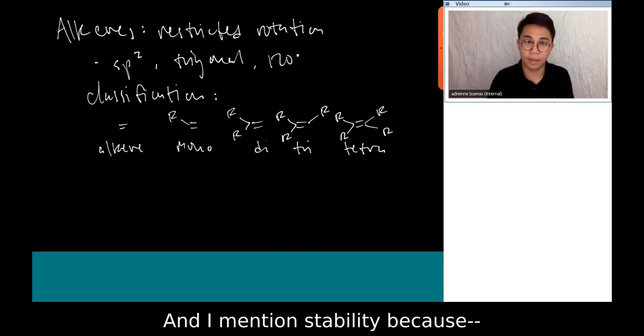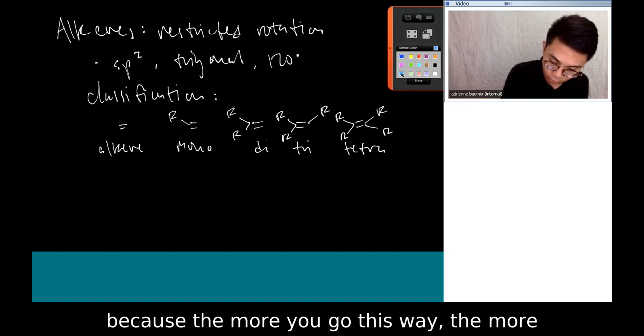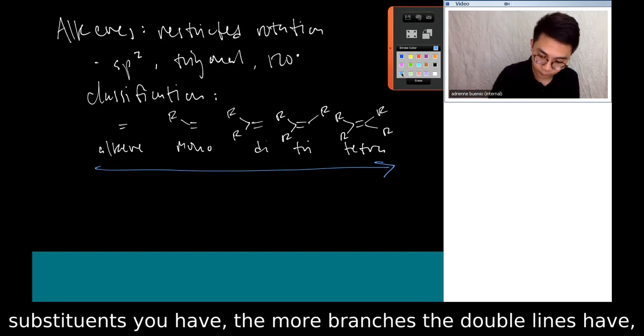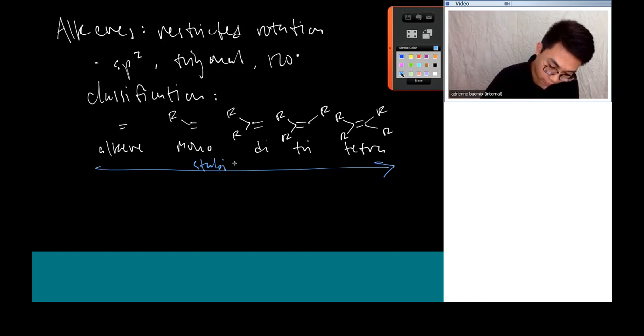Okay, and I mentioned stability because, and I'm going to color this, the more you go this way, the more substituents you have, the more branches the double bond has, stability increases, right?